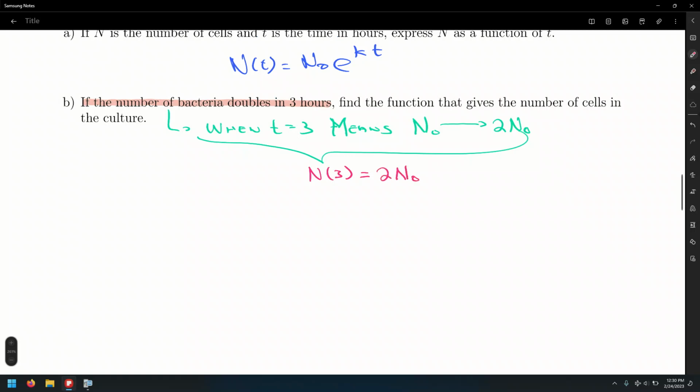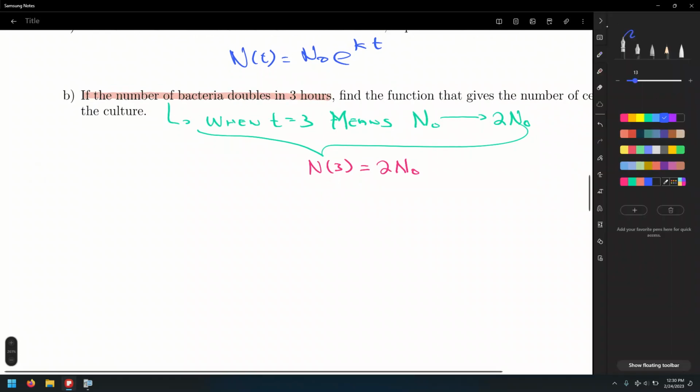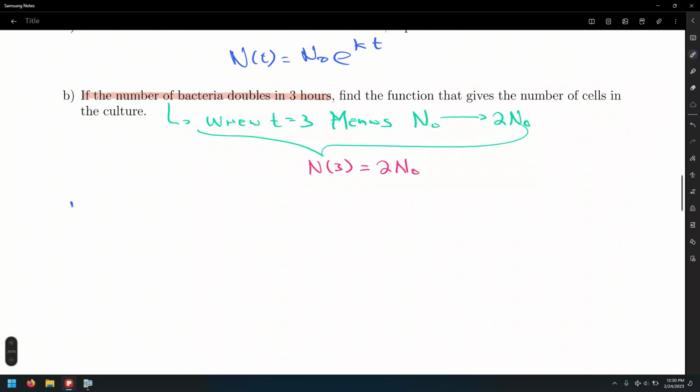All right? When t equals 3, we obtain 2 times the initial population. So again, let's get started with writing what happened here.